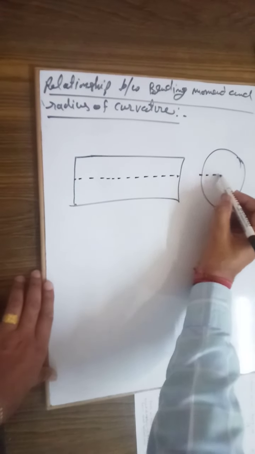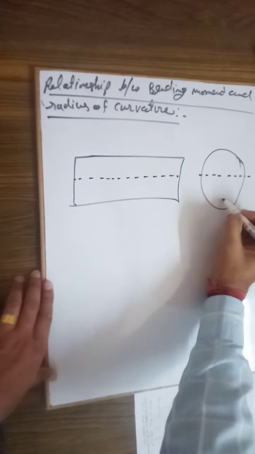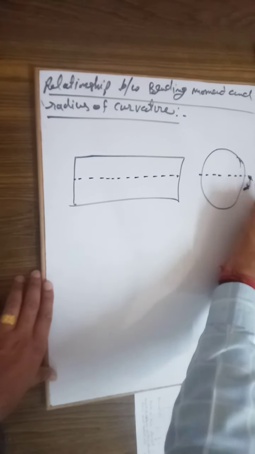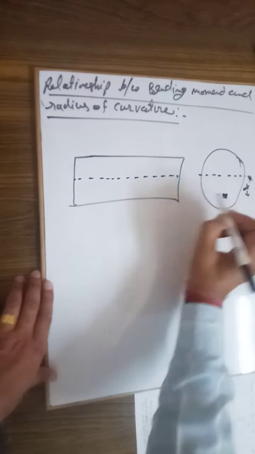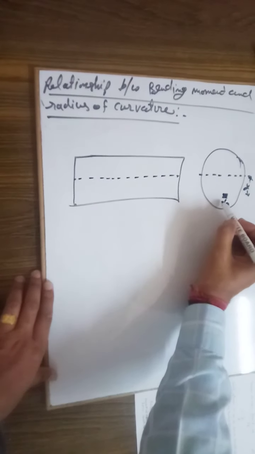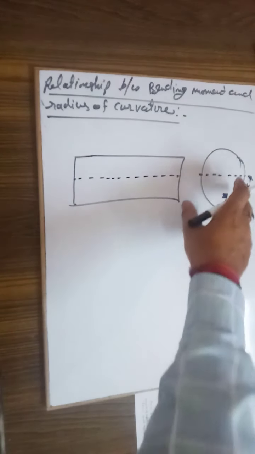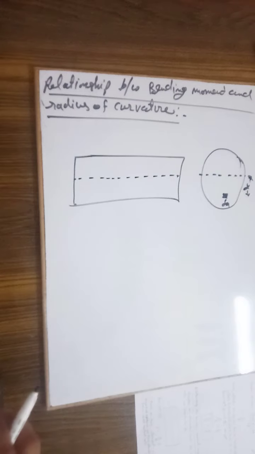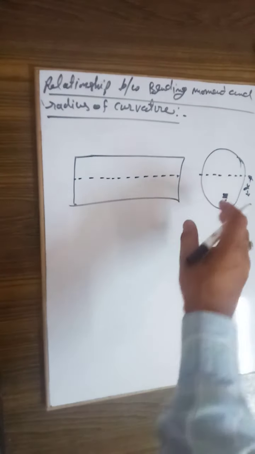At a distance of small y from this neutral axis, consider an elemental area delta A, at this distance y from the neutral axis as shown in the figure.